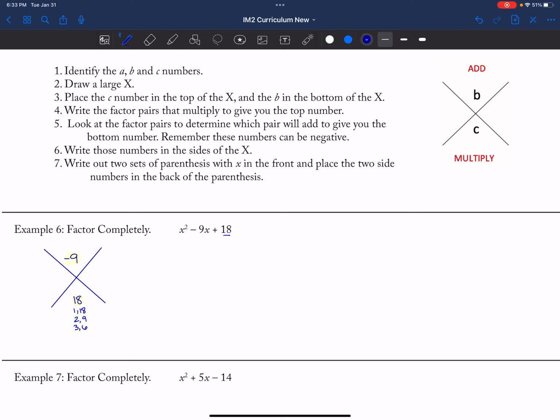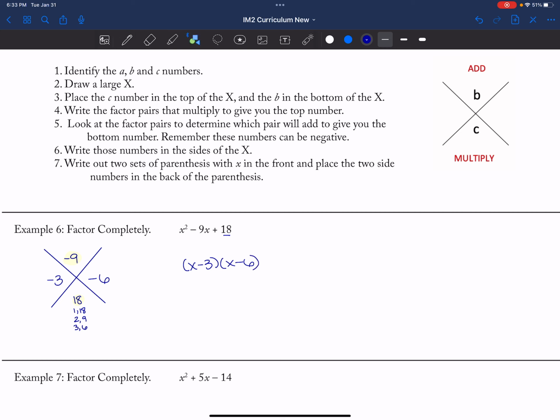Well, so two numbers that multiply to give me positive 18 and add together to give me negative 9 are negative 3 and negative 6. So my factors are x minus 3 and x minus 6.